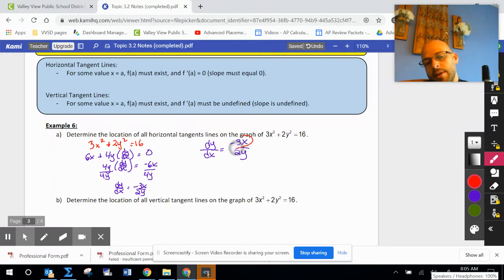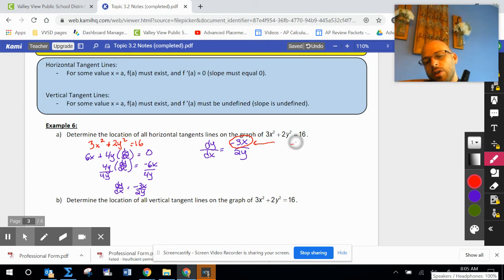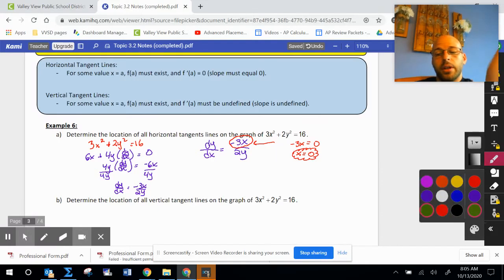Anytime I'm given a fraction, it is going to be 0 when the top is 0. So all I need to do is set negative 3x equal to 0 and solve it. Dividing by negative 3, I have a horizontal tangent when x is 0. I'm going to substitute that 0 back into my original problem.